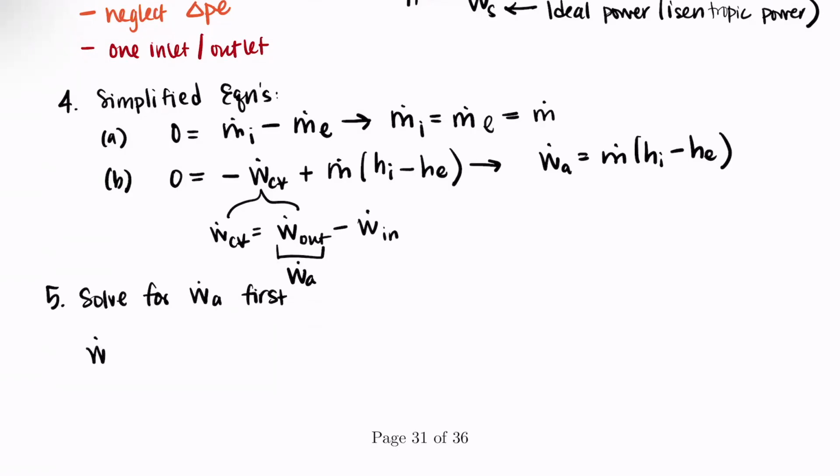We have that W dot A is m dot times (h_i minus h_e). We know m dot, that's given to us in the problem. We just need to find the enthalpies, right? So let's do that.